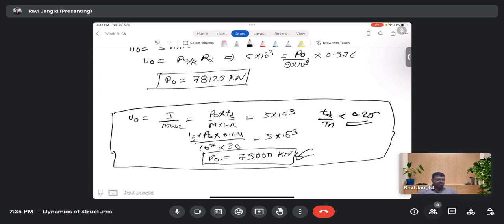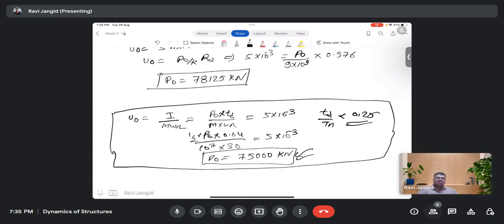But suppose it is like 0.371, right, for a blast loading. Suppose you got a TD by TN value of 0.4, for example. It is greater than 0.371, right? Then you need to follow the free vibration procedure we have done.